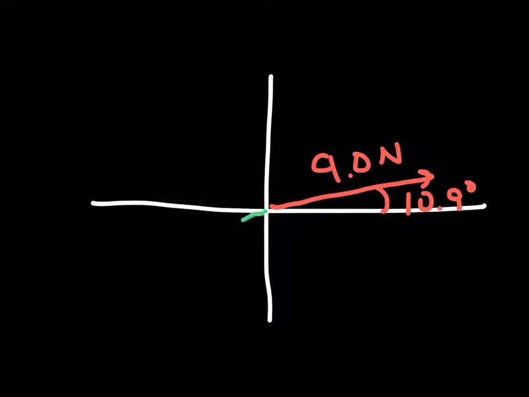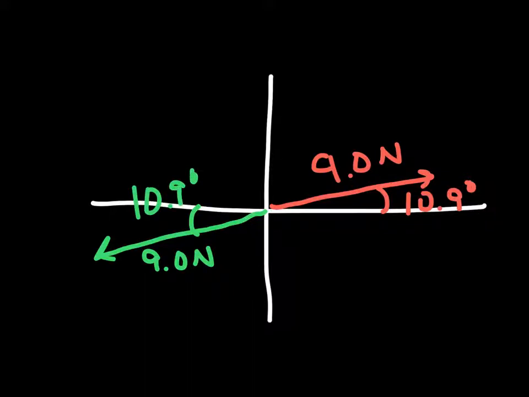So it's simply 9.0 newtons in the opposite direction, and this angle here would be 10.9 degrees. You have to be descriptive when you say 10.9 degrees. Well, 10.9 degrees from where? You can say 10.9 degrees, and if this is the west axis, you say 10.9 south of the west axis.